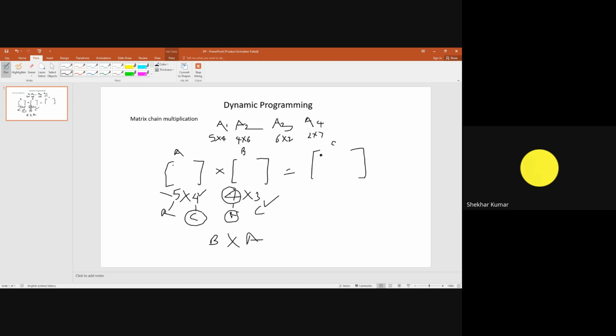By calculating the row and the column, we will find out a single element of this resultant matrix. So in the resultant matrix there will be 5 into 3 elements. In total, there should be 15 elements in the resultant matrix C.